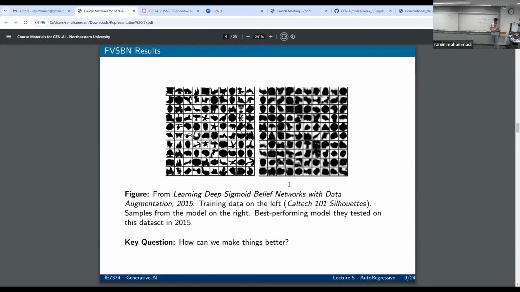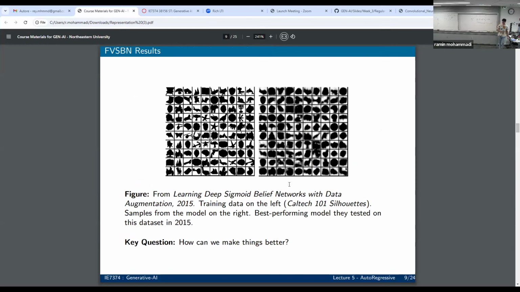This is the data generated by this fully visible sigmoid belief network. As you can see, the model is always producing the same thing over and over again, so technically the model hasn't learned much. It's some sort of mode collapse; it's always predicting some shadow area.